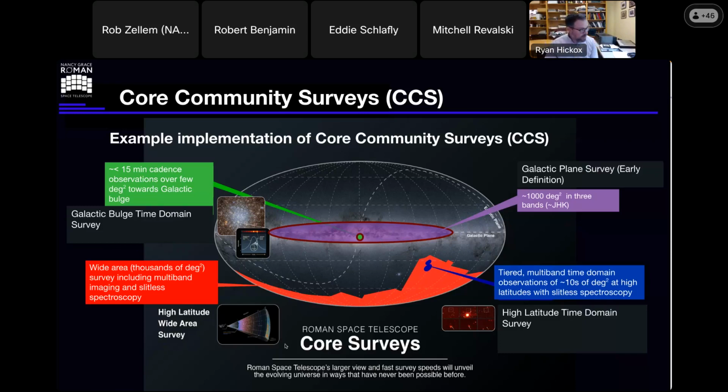And then the one we'll talk about today is the High Latitude Wide Area Survey, which is a wide area of thousands of square degrees, and we'll go through what some of those parameters might look like. The survey includes multiband imaging and slitless spectroscopy, the primary aim of which, at least the level 1 science requirement, is to do cosmology via galaxy weak lensing and large-scale structure.